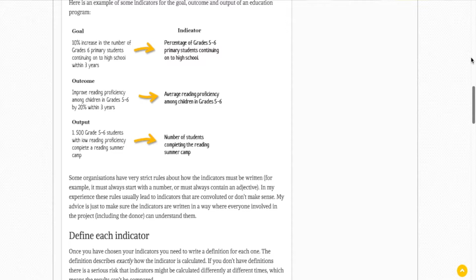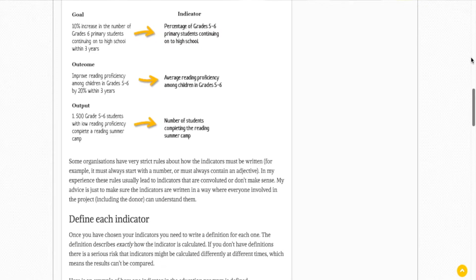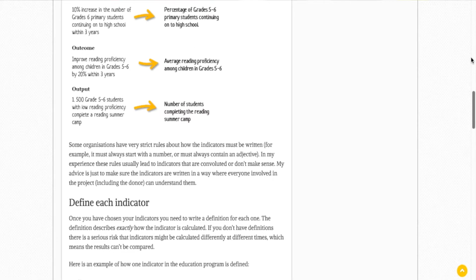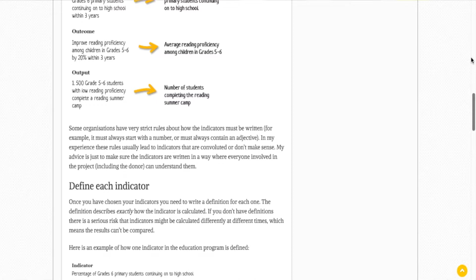Some organizations have very strict rules about how the indicators are to be written. They usually start with a number, and they have certain adjectives. But these strict rules may not work towards the beneficial outcome.